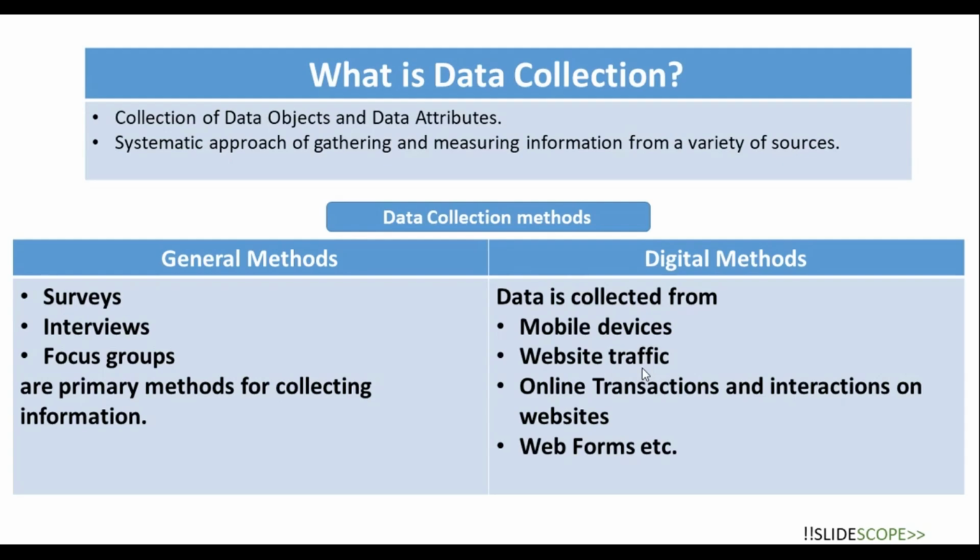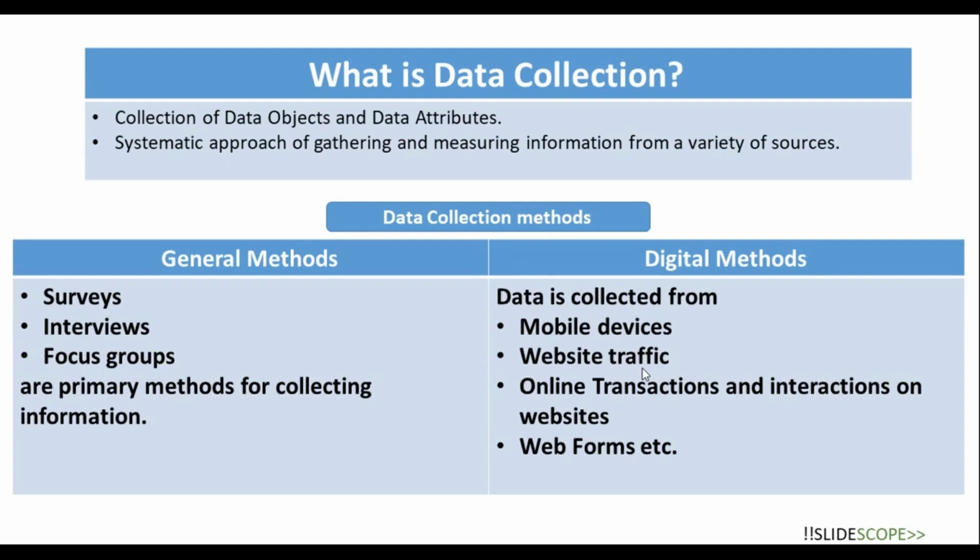Then there are online transactions and interactions on websites. Whenever someone interacts on a website or makes a transaction, that information is also collected for further analysis to make the system more efficient and better. Interactions on a website result in displaying content that is relevant for you.